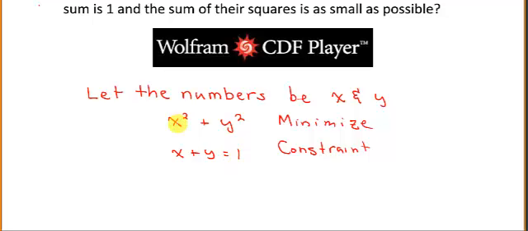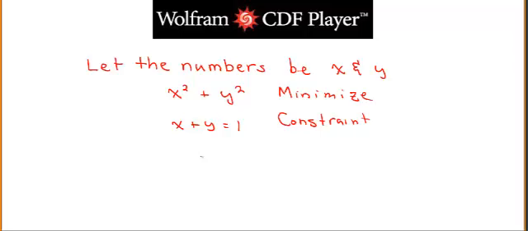This quantity depends on two different variables, x and y, and minimizing a function of x and y is a concept for calculus 3. But this constraint will allow us to get rid of one of those variables. So we see that in this case y is equal to 1 minus x.